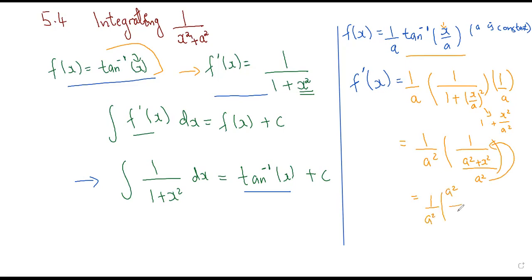This would be a square plus x square. So it would be 1 over a square plus x square. Do you understand the differentiation? I do.